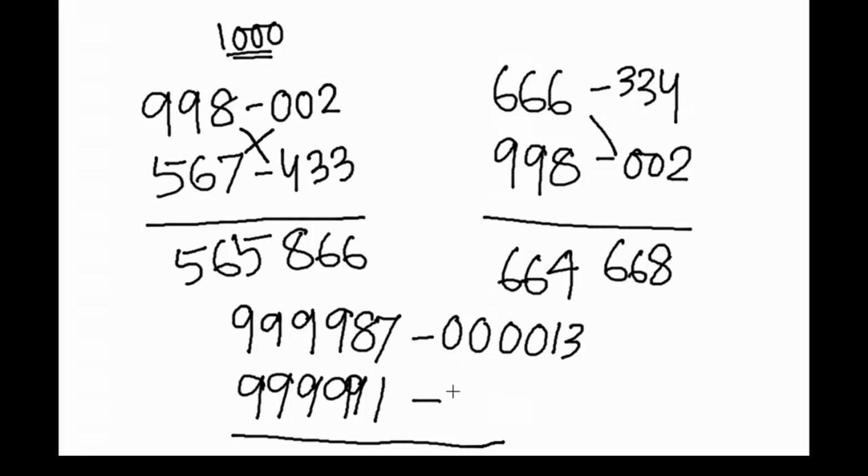And the other number is less by 9. So now 13 into 9 we need to do actually, which gives us 117 and remaining zeros.